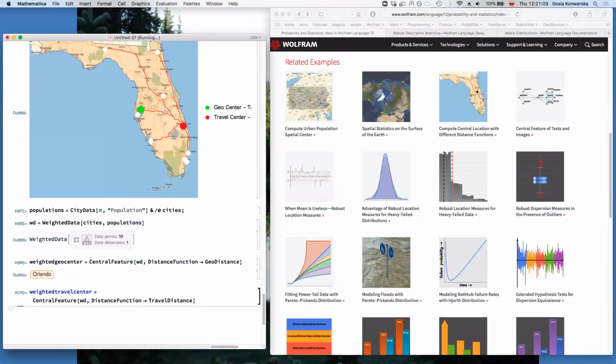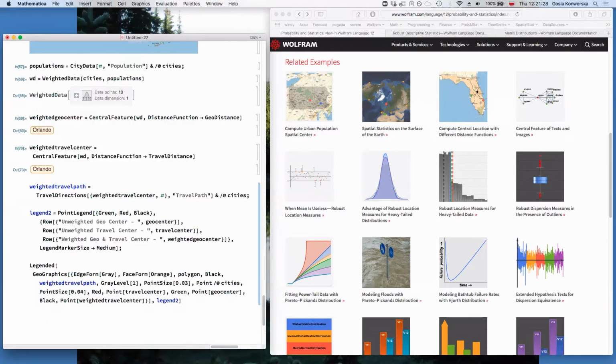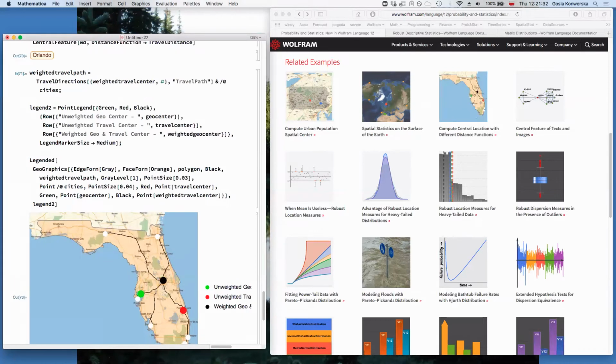So in this case, they both agree. So it means that the weights of the population really push this to give us a different answer than without the weights. And we can visualize that. And Orlando, it's our weighted travel distance center.